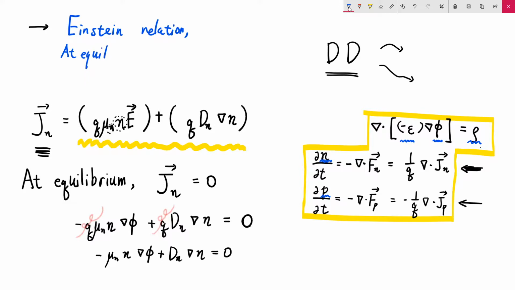In this case, simply speaking, at equilibrium, I'm not urging that this is a general relation, but at equilibrium we can say our diffusivity can be written in the form of mobility. And here we have the thermal voltage, let me write it down explicitly, kBT over q.